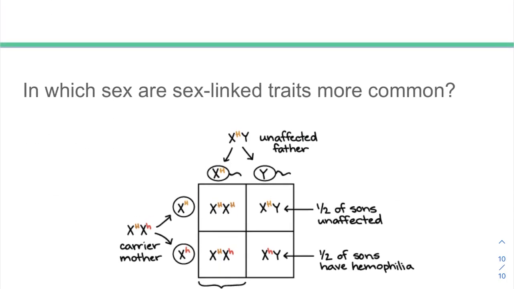So the big question here was back whenever the scientists noticed that white eyes were more common in males. Why? So why are sex-linked traits more common in males? So here's an example of hemophilia. So here, a big H is like blood that clots normally, and the little h is going to be hemophilia.